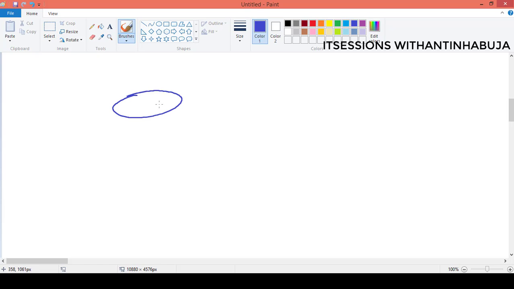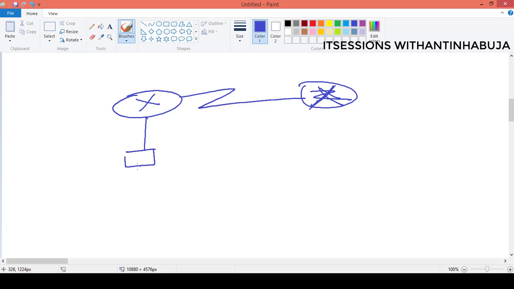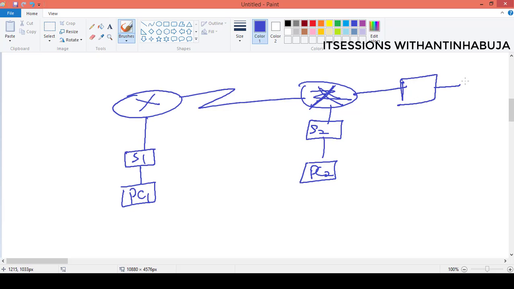Two routers connected, a one link, and then a switch and a PC: S1, PC1, S2, PC2, S3, PC3, S4, PC4.